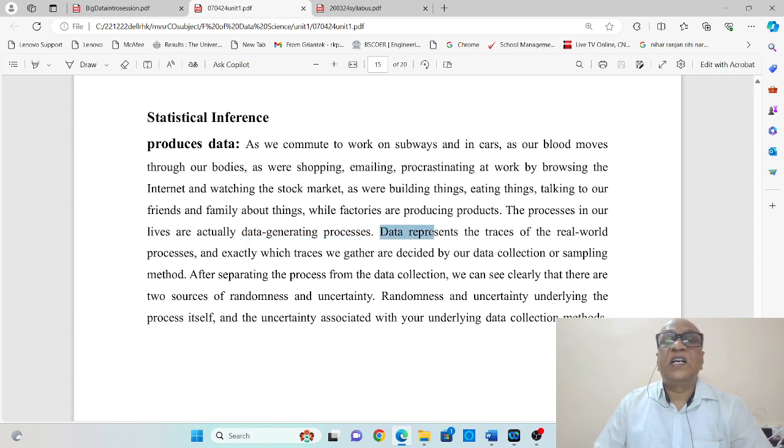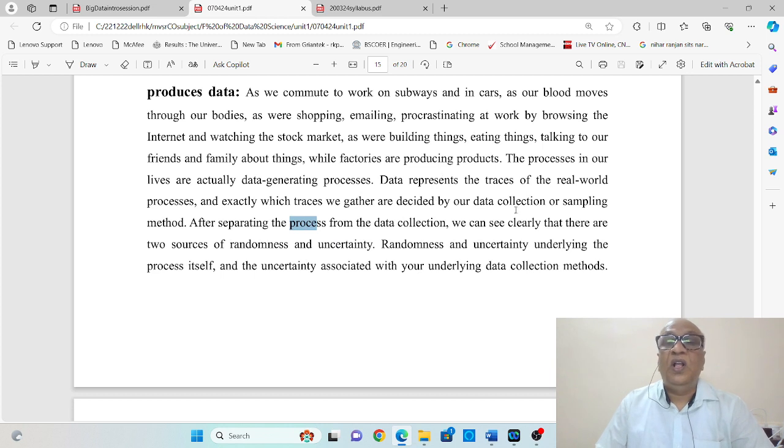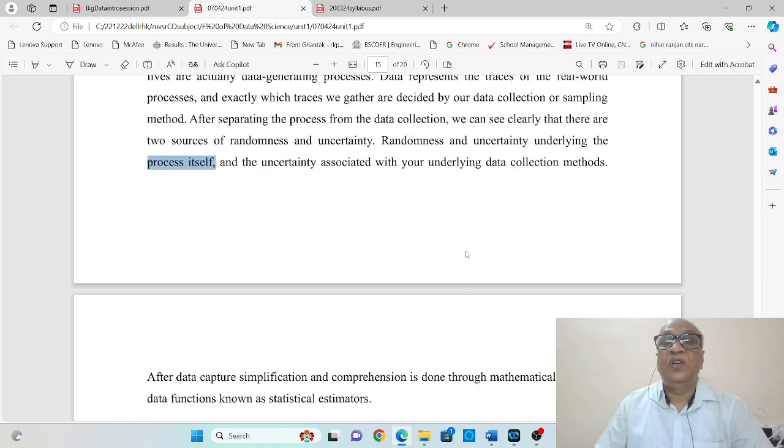What exactly is data? Data represent the traces of real world processes, and which traces we gather is decided by sampling methods. From this we understand what is a process, what is data, and what is data collection. And we also understand that there is a lot of randomness and uncertainty, in the process as well as in the data collection.